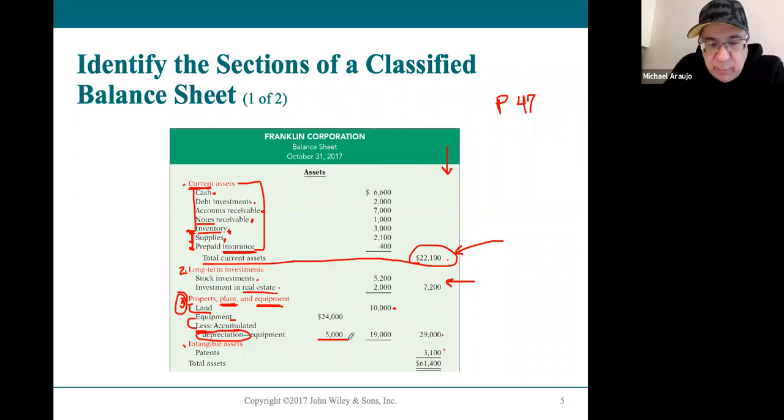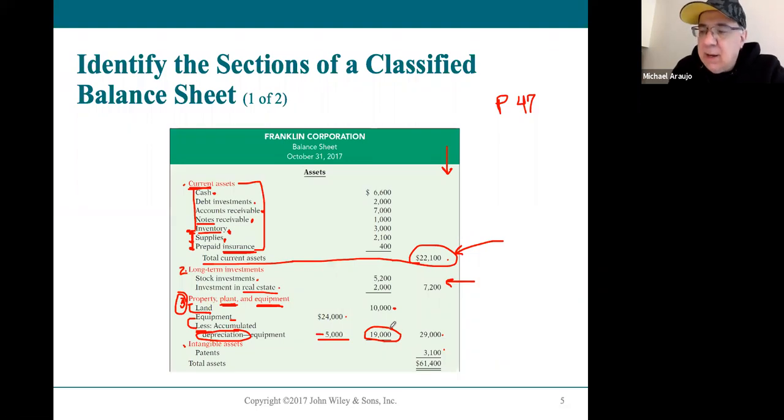And as you see, we bought a piece of equipment for $24,000. We have already expensed $5,000 of that equipment. So we have what we call a book value of the equipment of $19,000. That's the remaining value in the equipment for business purposes.